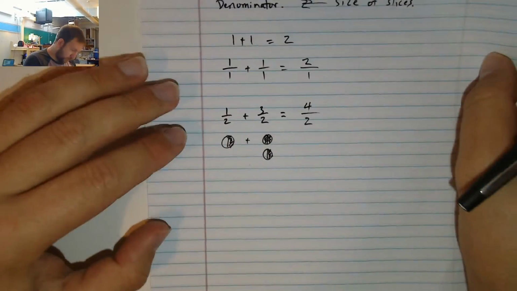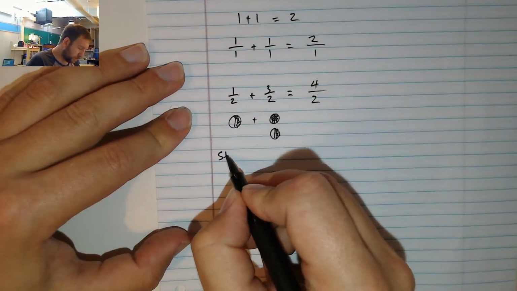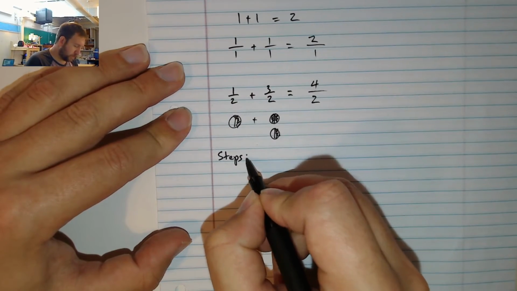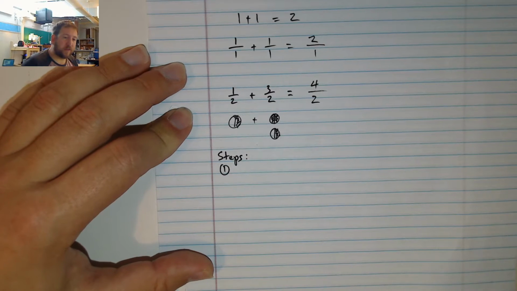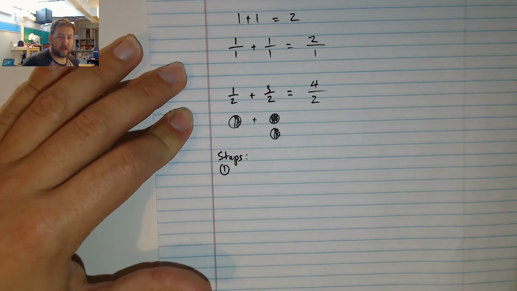Let's write down our couple of steps to do this. Our first step is we're going to rewrite the fractions using equivalent fractions so the denominators are the same.